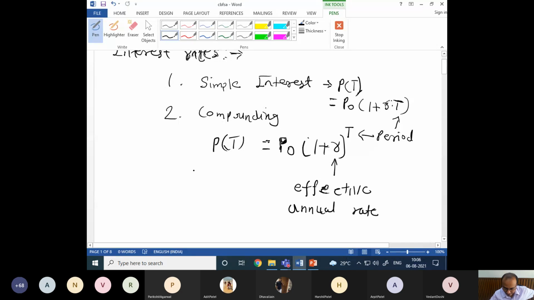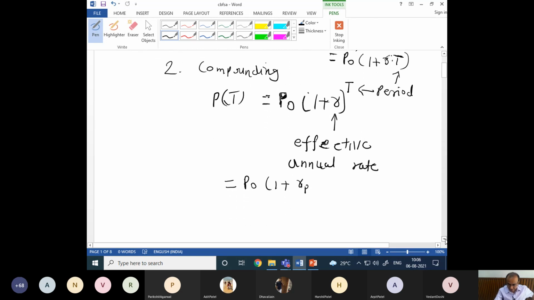And this capital T is a period. Now, in periodic compounding, if the interest rate is not specified as the effective annual rate, we can write it like this also. Suppose the interest rate is specified for some period.